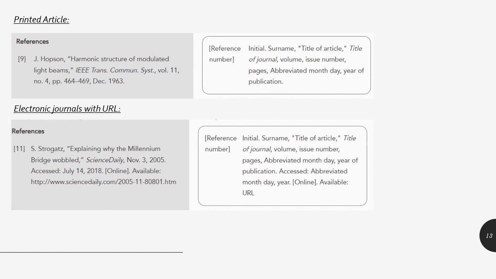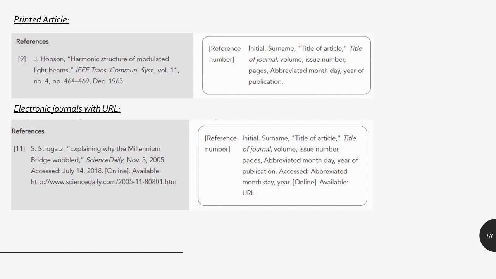What about electronic journals with URL now? It is pretty much the same thing, except that you have an access date. But now the access date will be written differently compared to Harvard referencing style. Before the access date, you will still have the abbreviated month and day.